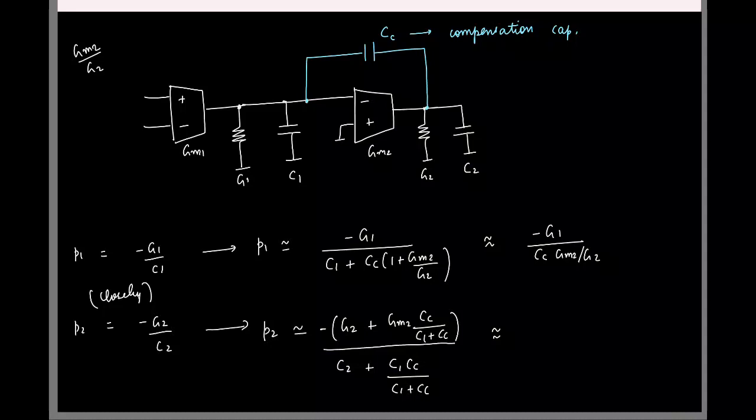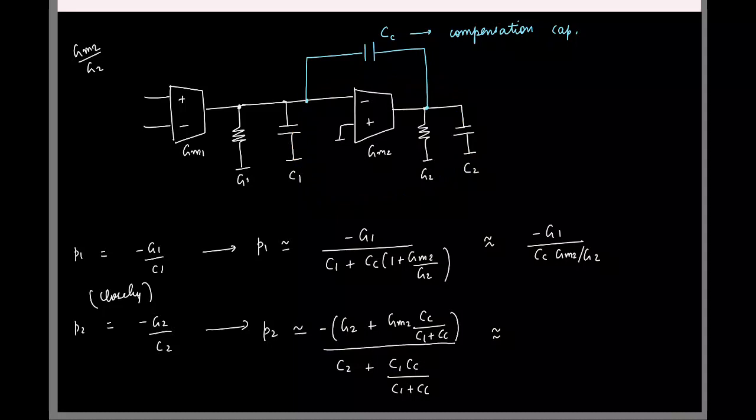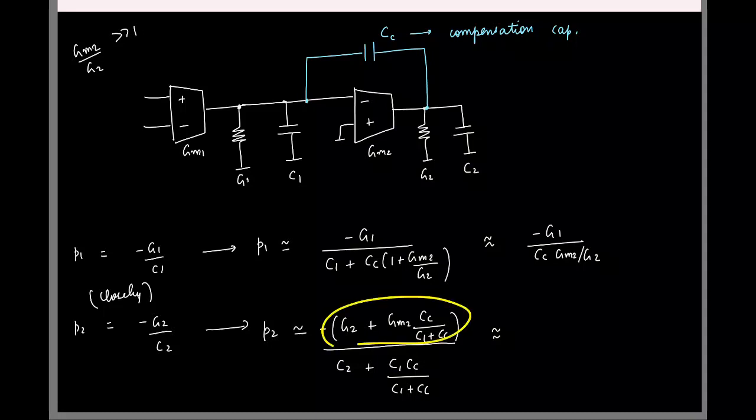It is the DC gain of the second stage, Gm2 by G2, which will obviously be much greater than 1. So Gm2 will be dominant. In most cases I can approximate it as minus Gm2 times the fraction Cc by C1 plus Cc, divided by C2 plus C1 Cc by C1 plus Cc. Great.